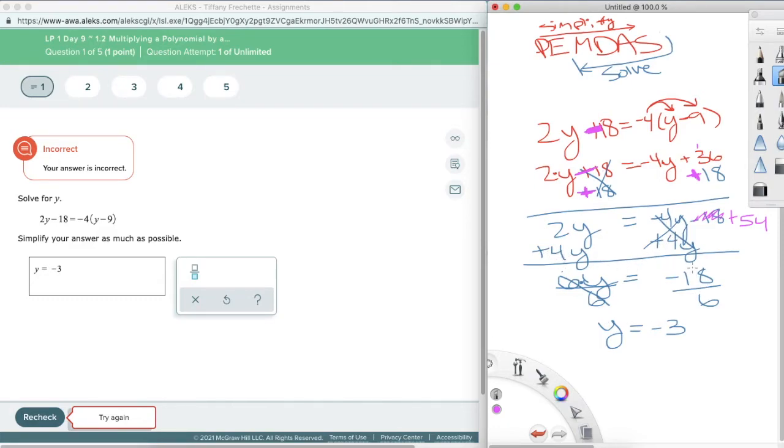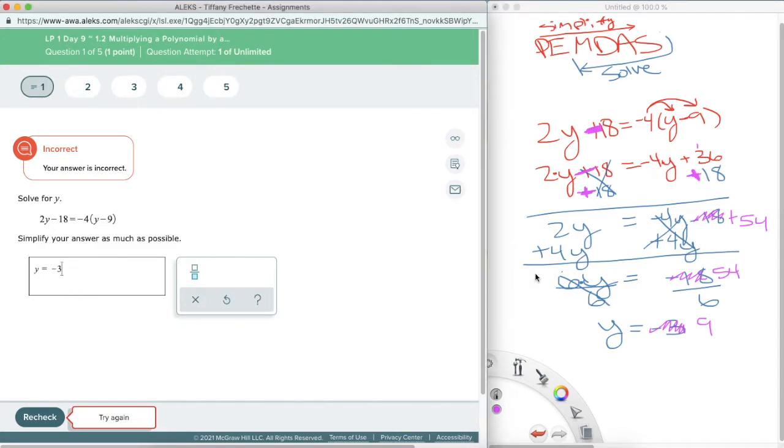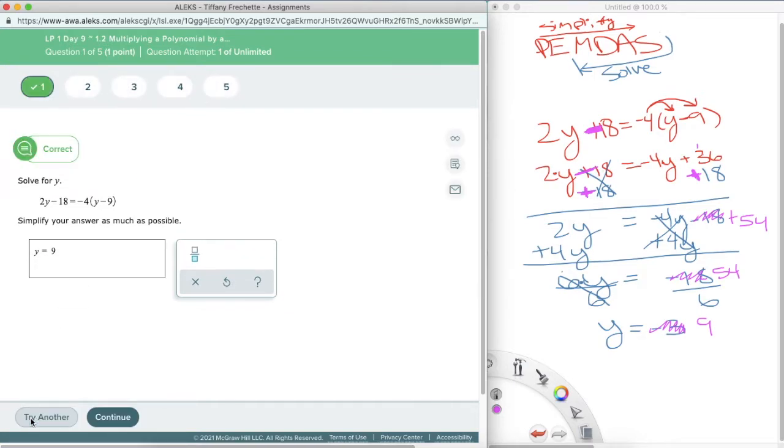But instead of negative 18, this should have been positive 54. And we're still going to divide by 6 here, but instead of negative 3, I should end up with positive 9. So that's a pretty big difference there. Just an oops, one negative trickled through the whole problem like that. And now the difference is from negative 3 to positive 9. So that made a pretty big difference, making that one little mistake at the beginning.